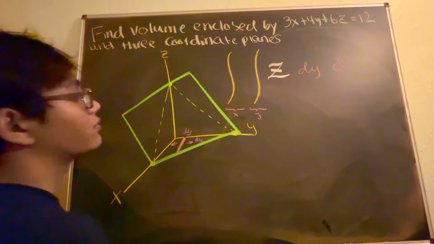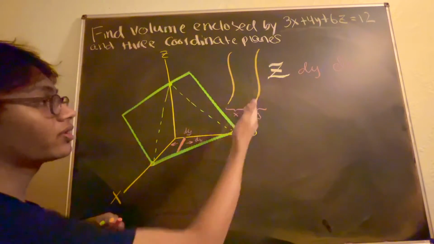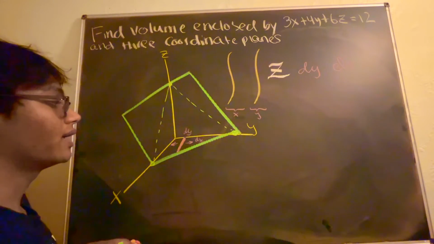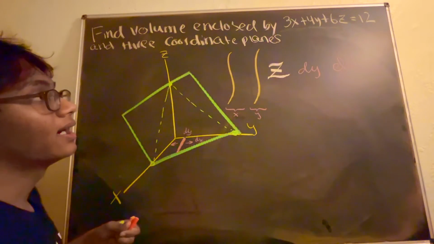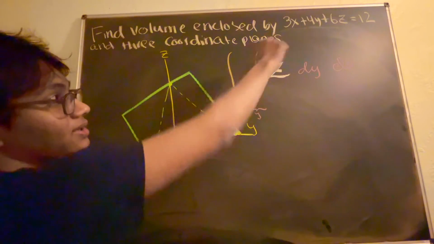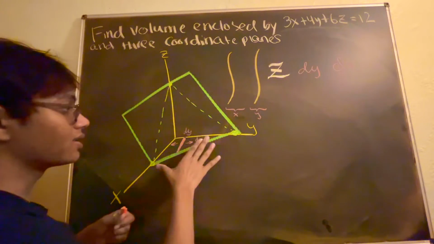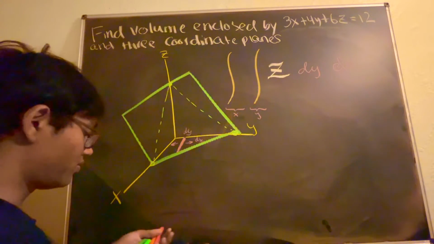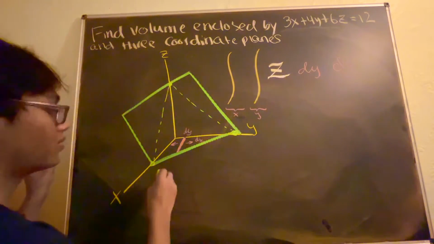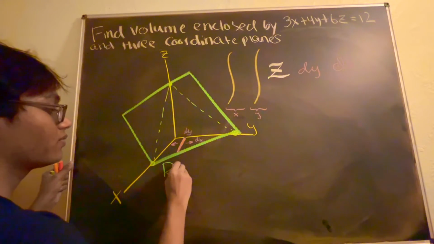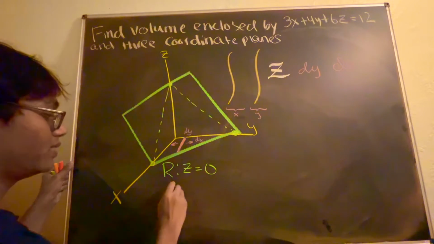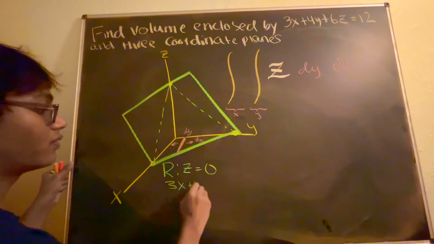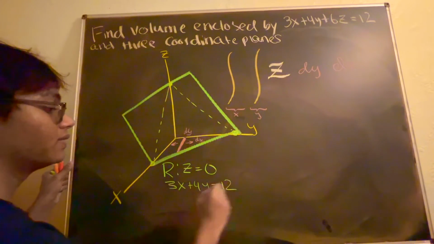So what do we do now? Number one, we have to figure out the bounds. What are the bounds for y? To find the region R on the xy plane, I'm going to set z equal to 0, because on the plane z is 0. That means 3x plus 4y equals 12.